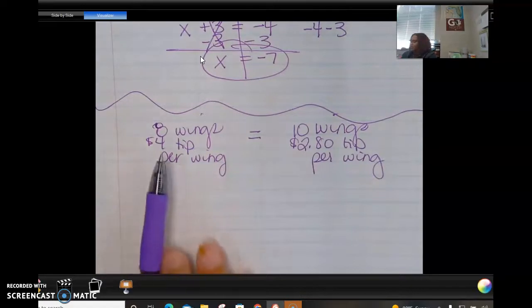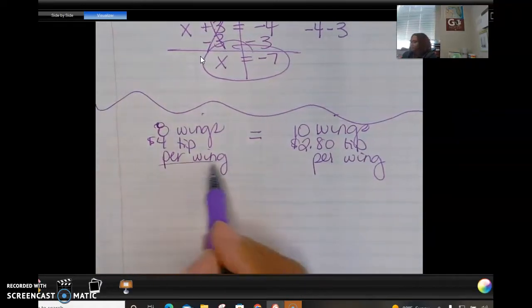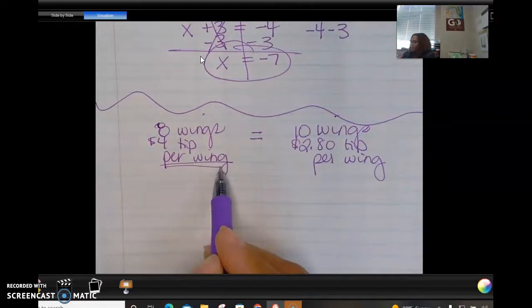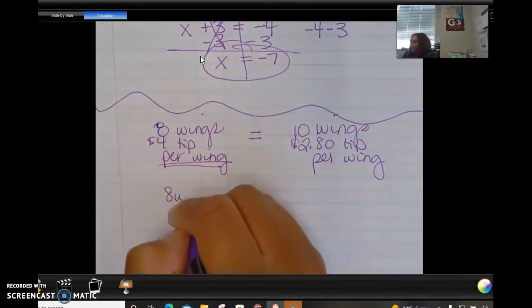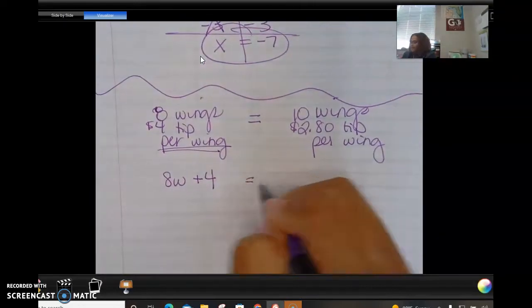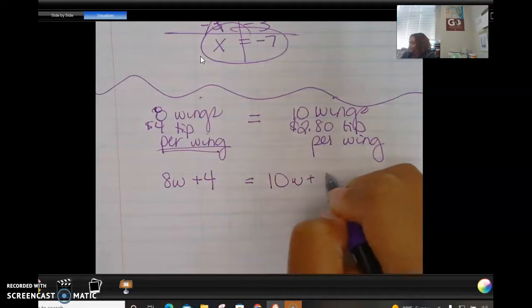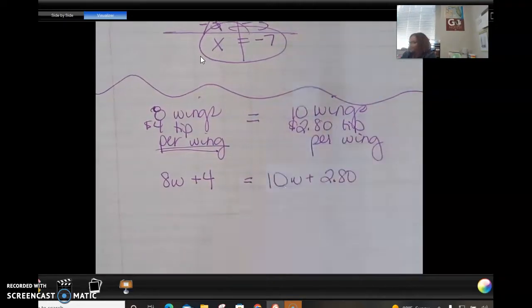What number does it go with over here, the 8 or the 4? The 8. 8 wings plus a $4 tip is the same as 10 wings. What do I put? 10 wings plus a $2.80 tip.